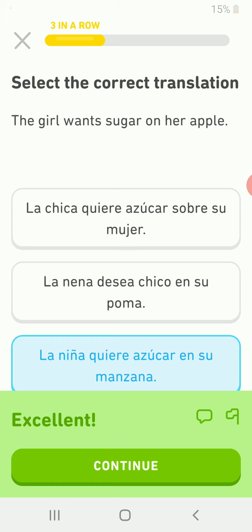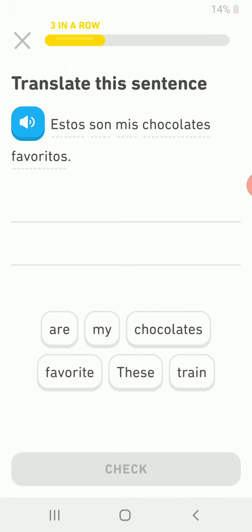So this preposition in Spanish can be used in different ways. So don't be confused. Just observe the context and try to make sense. So la niña quiere azúcar on her apple.